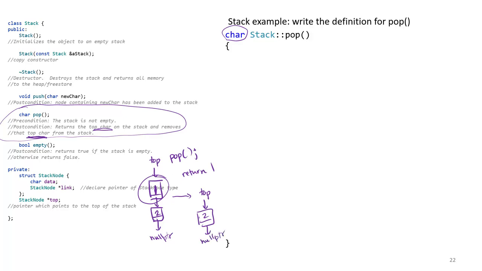So I'd return that 1 value, and now my list only contains the remaining nodes. So in this case, we actually have to not only find that node, but we also have to delete that top node from our list and return the value back as the return type of the function.